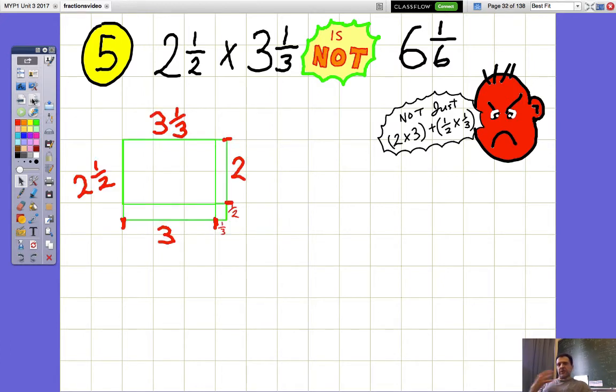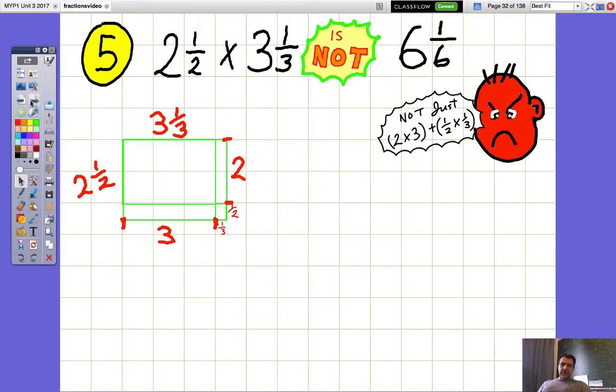So to try and illustrate why that's not correct, I've done a little rectangle there. And the height of the rectangle is 2 and a half. The width of the rectangle is 3 and a third. So if you do 2 and a half times 3 and a third, you should get the area of that rectangle.